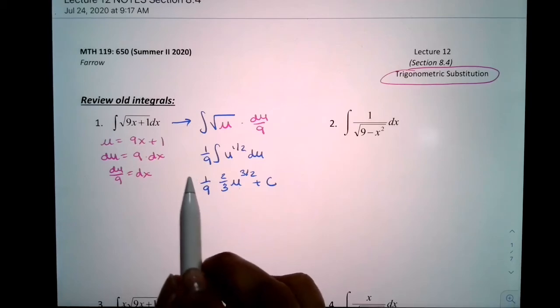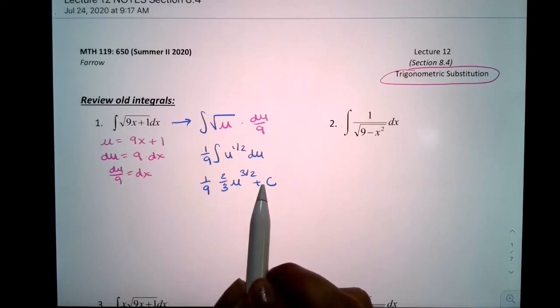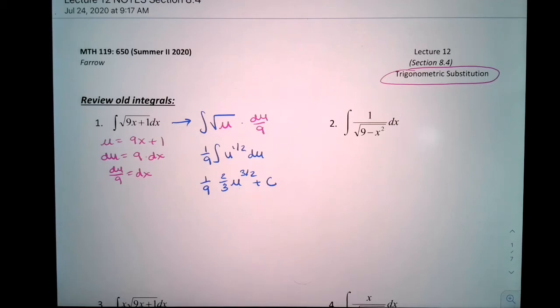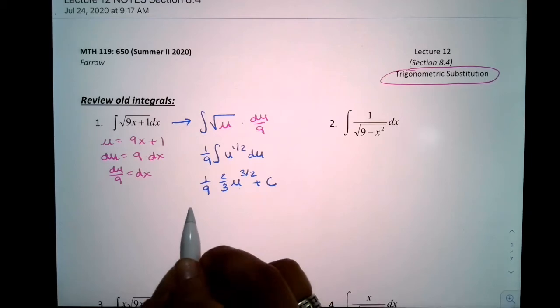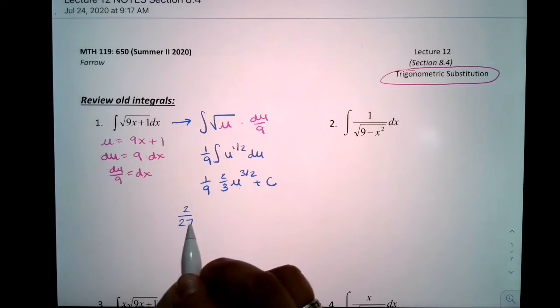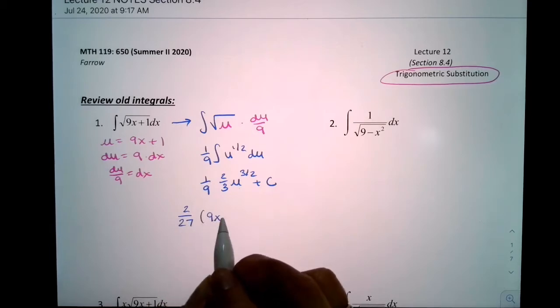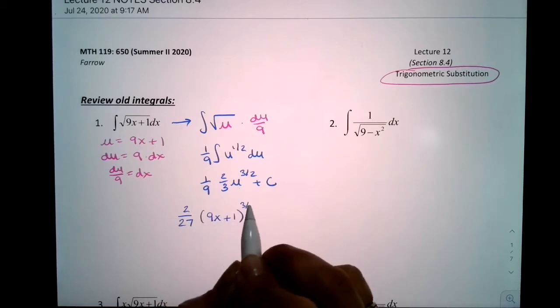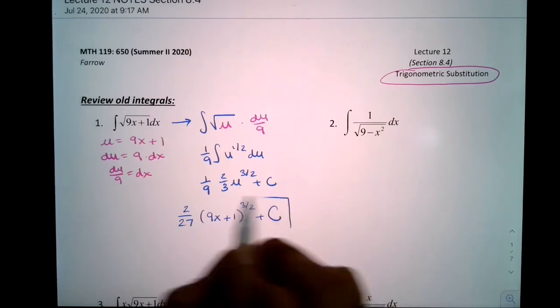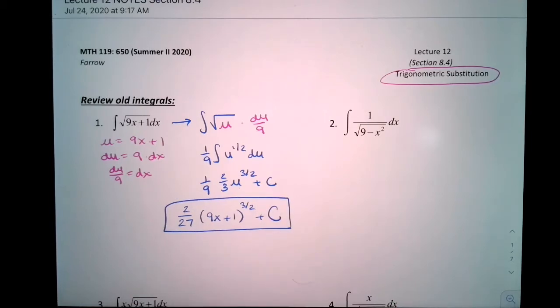I can't box up this answer because it's in terms of u, and my integral was in terms of x. So of course I will switch back. And there is my final antiderivative. Again, basic U substitution to let that work.